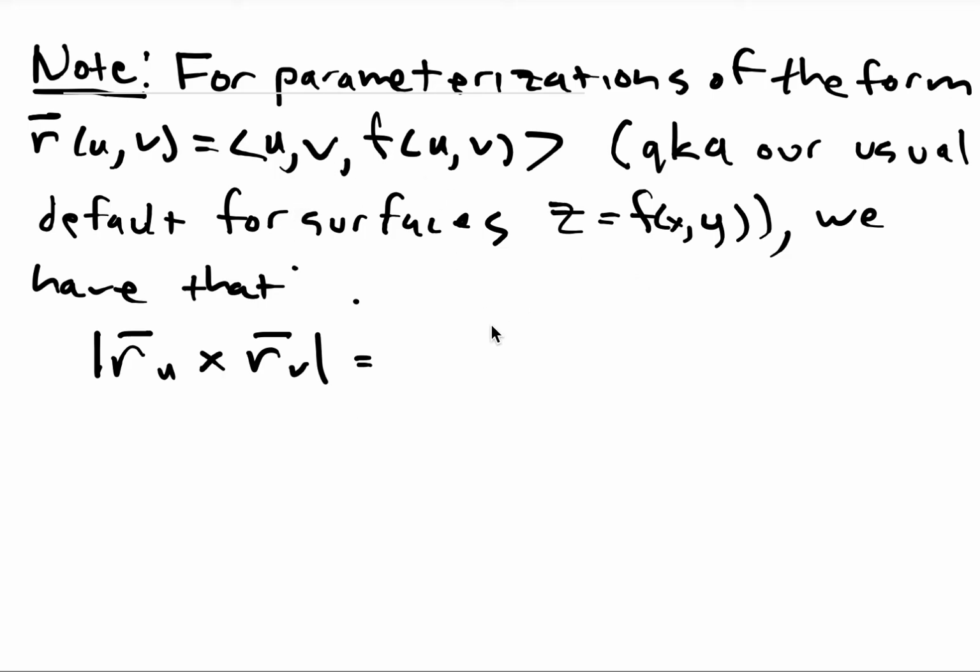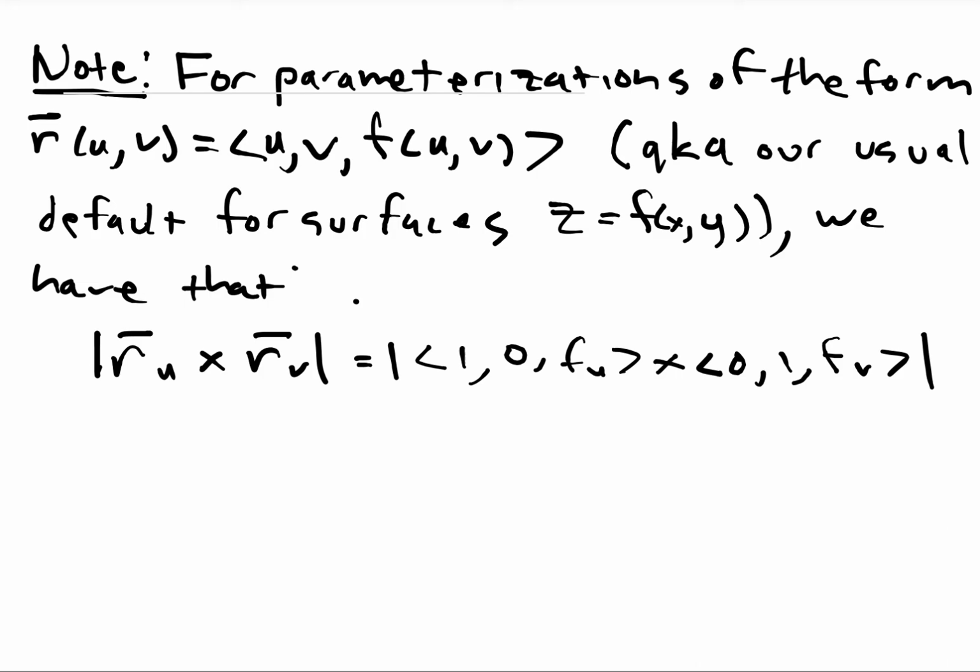I'll give you a little bit of a shortcut if you started out with the explicit function in the first place. If you use this parameterization, this is going to turn into a 1, 0, u partial. And then your r_v is going to turn into a 0, 1, v partial.